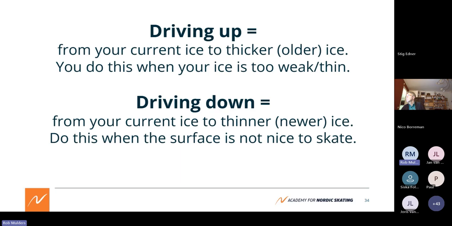You want to stay in the same area, but you want to have variation in the ice, because that increases the chance that you find ice that solves the problem you had on your first lake. So driving up is going to thicker ice, driving down is going to thinner ice.